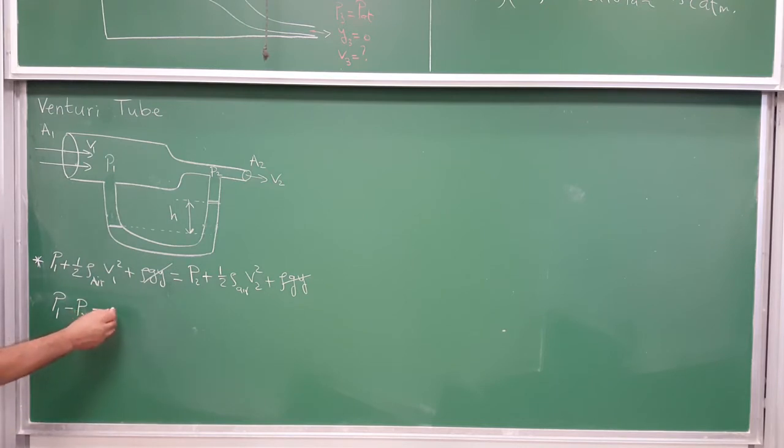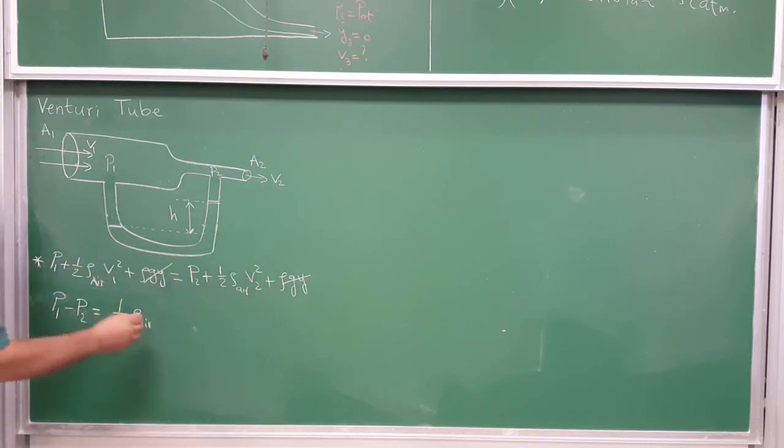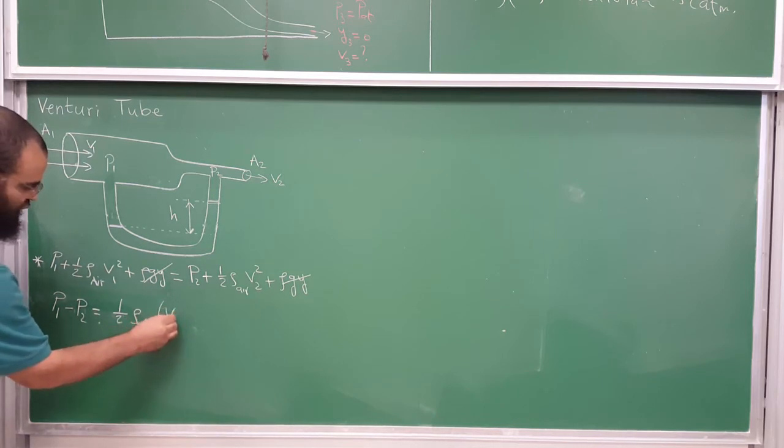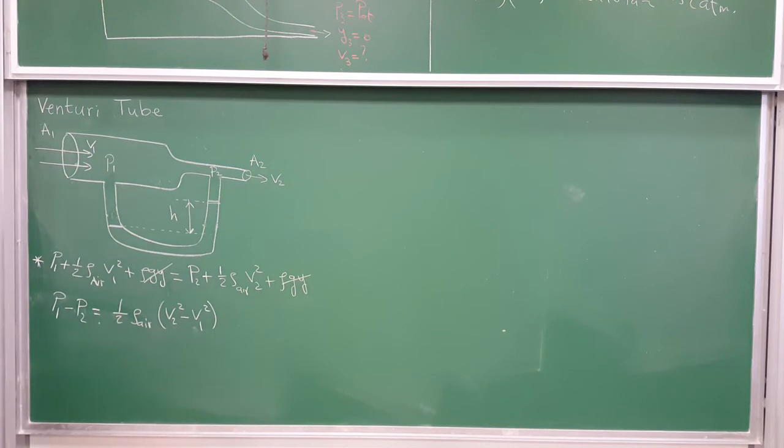It will equal 1/2 rho air times V2 squared minus V1 squared. So I have this equation here, and maybe I should put a star here. So this is the equation I have.